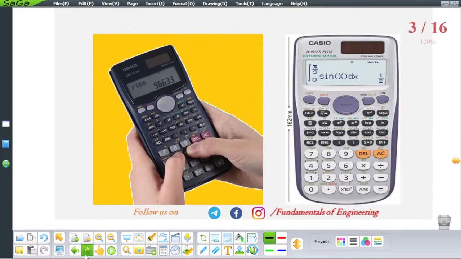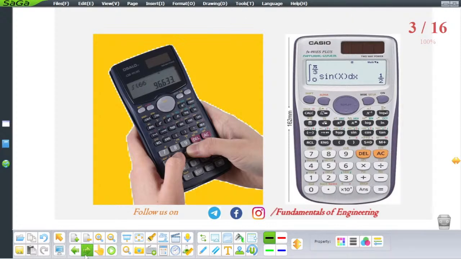Whenever we are solving any numerical in our curriculum for any stream, we are using this type of calculator. This is a scientific calculator which we use to solve our numericals in our college life.